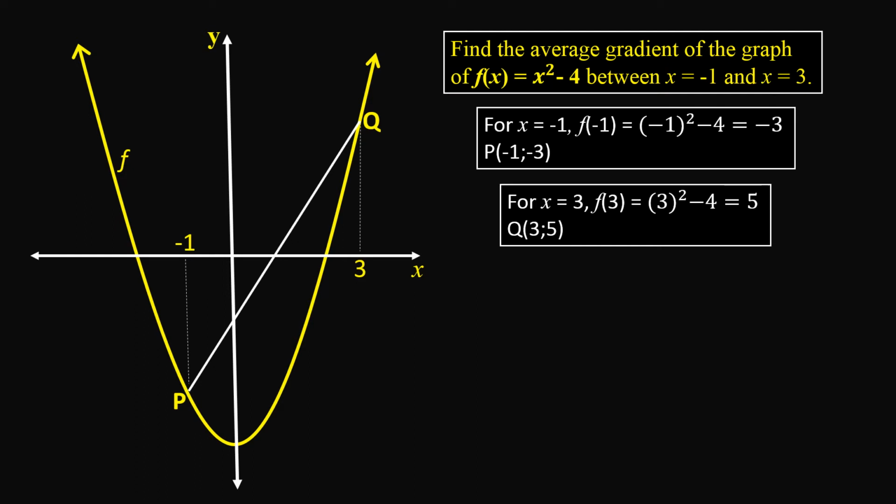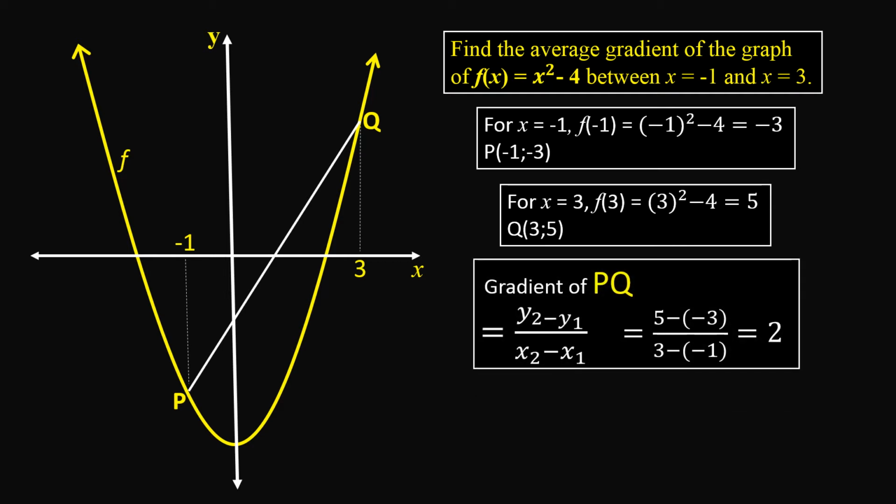Similarly, we are going to calculate the coordinates of Q. We substitute x equal to 3 and then we get 5. So the coordinates of Q are (3, 5). Now the gradient of PQ, the gradient of a straight line. We all know the formula, y2 minus y1 over x2 minus x1.